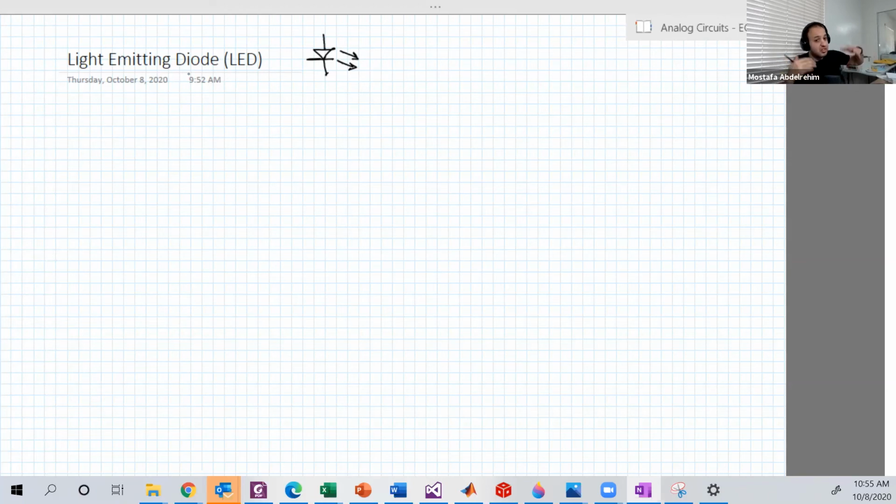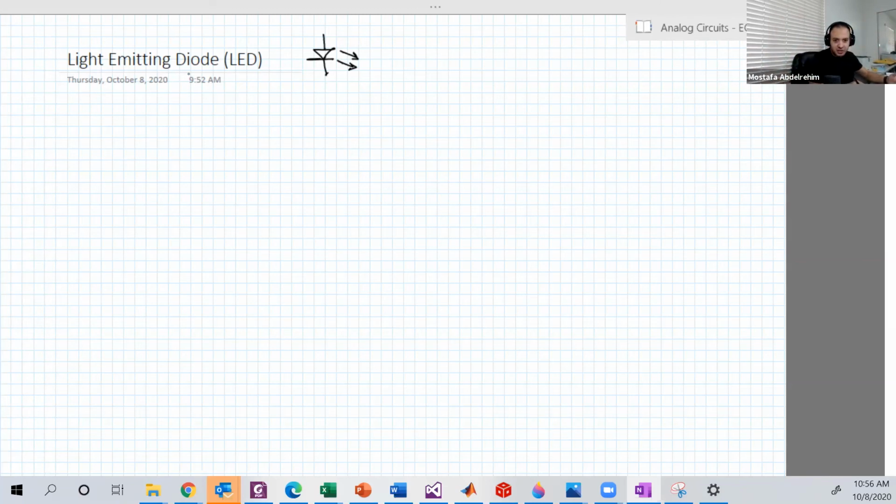It's still a diode, but when it's forward biased, it emits light. Anyone know LEDs before, or have an idea about them? They're everywhere. Yes, of course. So it's just a diode, but when it's forward biased, it just emits light. That's it.